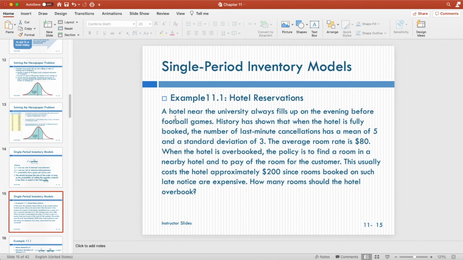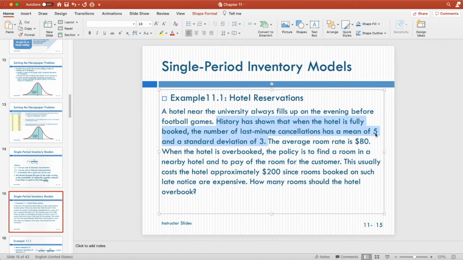First of all, intuitively, let me ask you why the hotel should overbook. The reason is very simple. From the history, we know that certain customers may cancel their booking at the last minute, and the corresponding statistics has a mean of 5 and a standard deviation of 3.